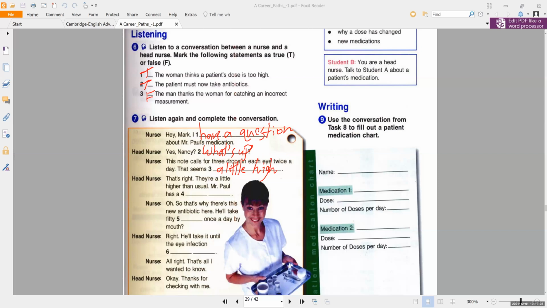That's right. They're a little higher than usual. Mr. Paul has a bad infection. Oh, so that's why there's this new antibiotic here.